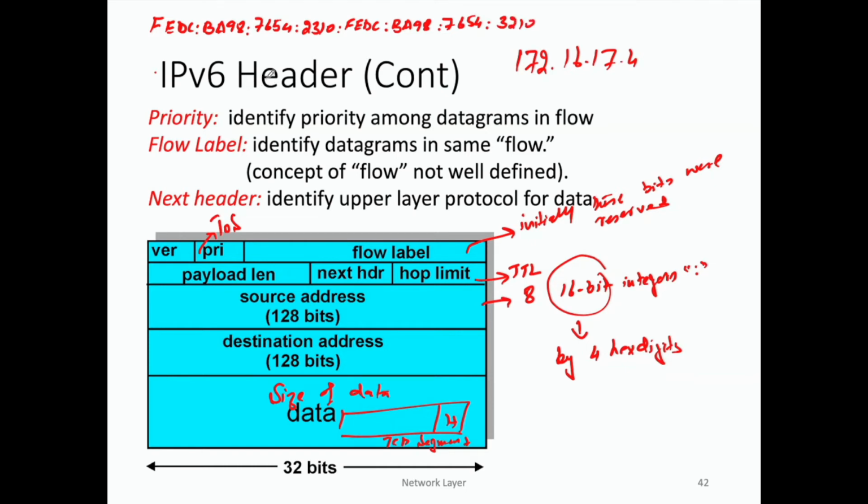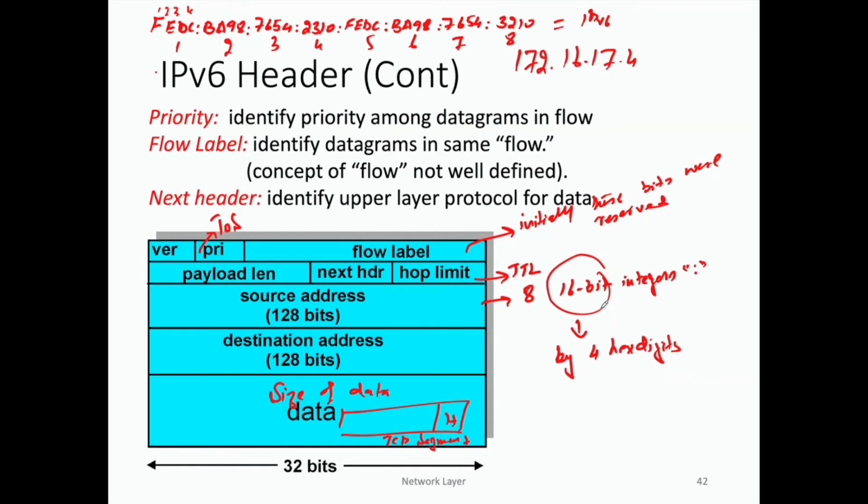Okay, so you can clearly see that here we have 8, 1, 2, 3, 4, 5, 6, 7, 8 16-bit integers, and each of these 16-bit integers is represented with 1, 2, 3, and 4 hexadecimal digits. Okay, so this is how the IP version 6 address is represented.